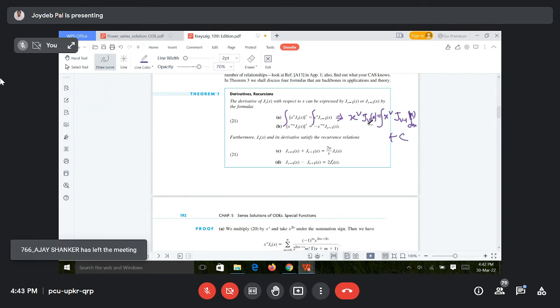Do you get how I am getting the basic formula of integration? You can add this c on the left side. That will be better. Plus c.